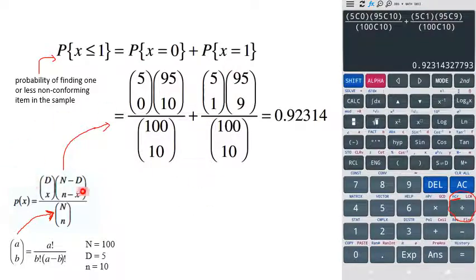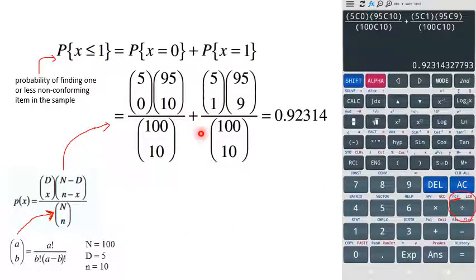So when we put all the values in this hypergeometric distribution formula, we will put D, x, N and small n. For x equal to 0 we will put this value, and for x equal to 1 we will put this value. To calculate 5 combination 0 we will use this formula, and we know all the values of N, D and small n.